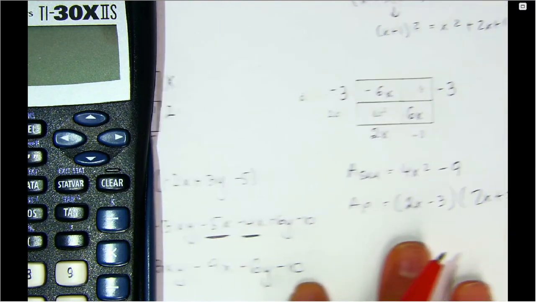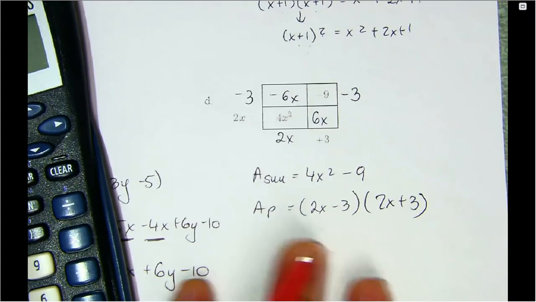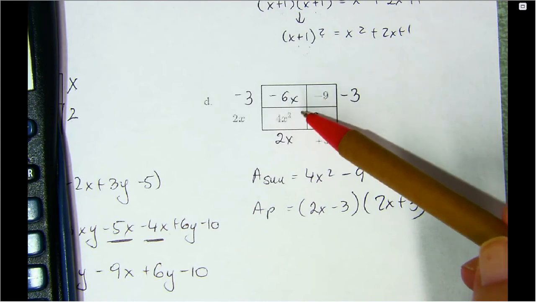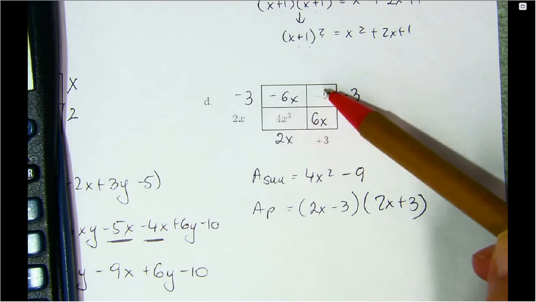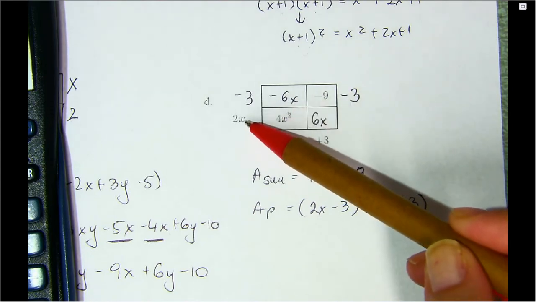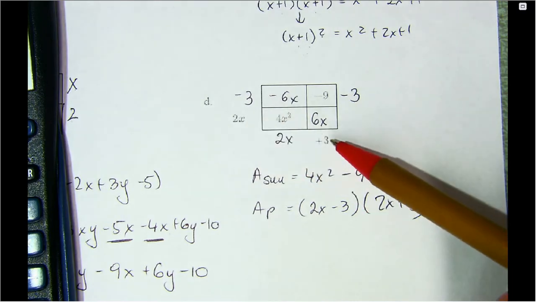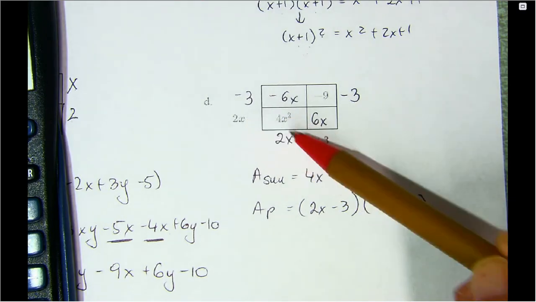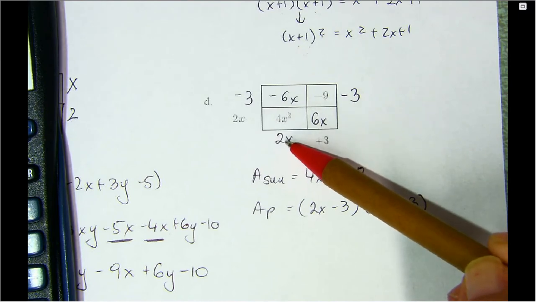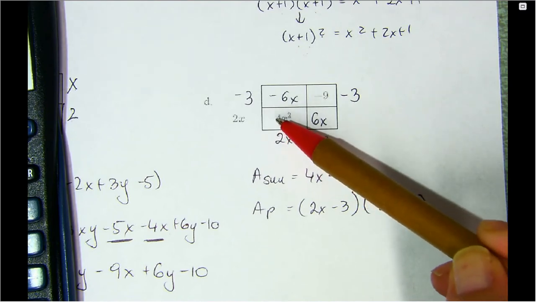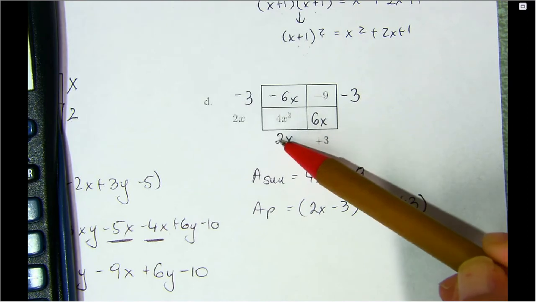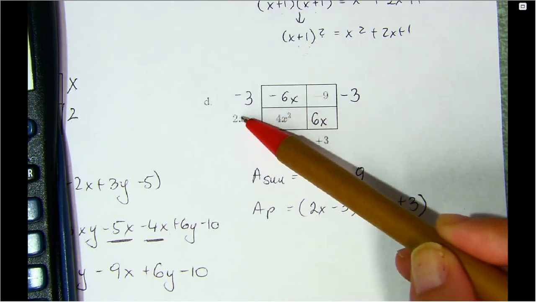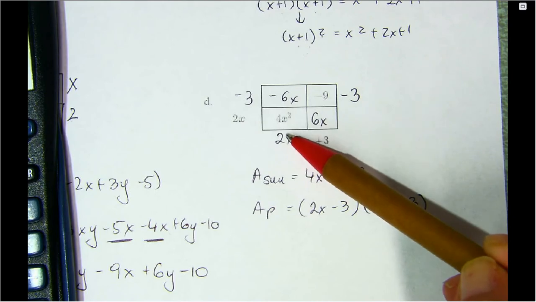The last problem here was, this was given, and those two pieces were given. Okay, so from this area and from the side, I figure out that my other side has to be 2x, because 4 divided by 2 is 2, and I have 2 x's here, x times x, but I only had 1, so I was missing 1 more.